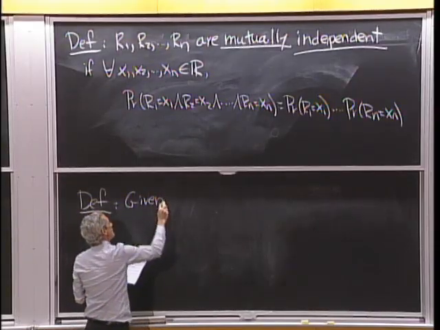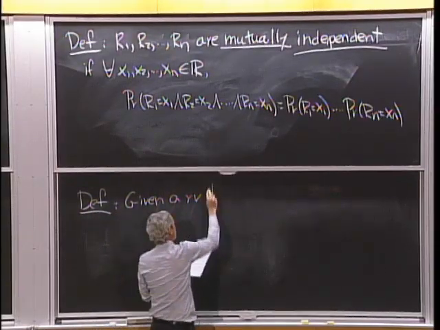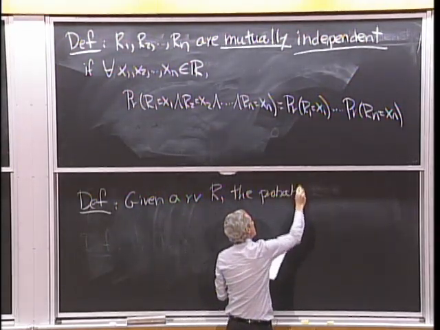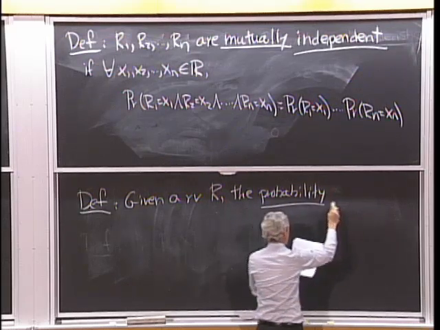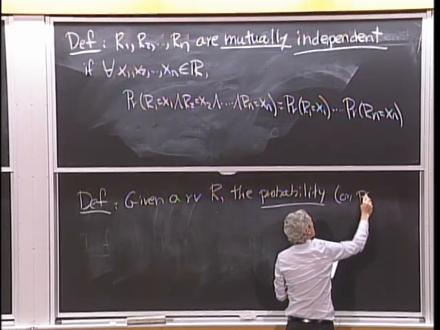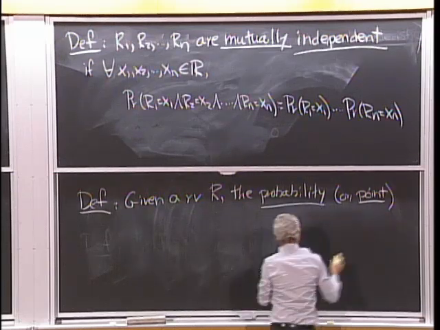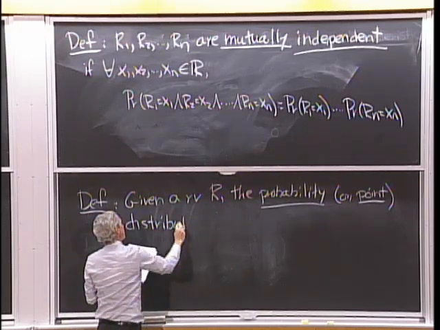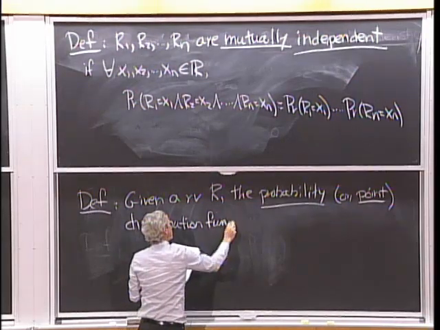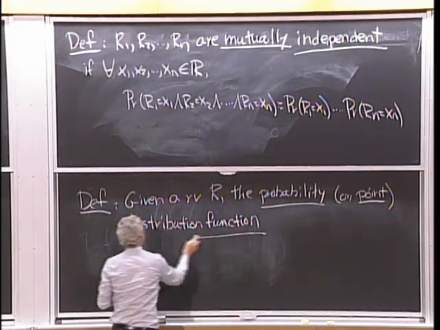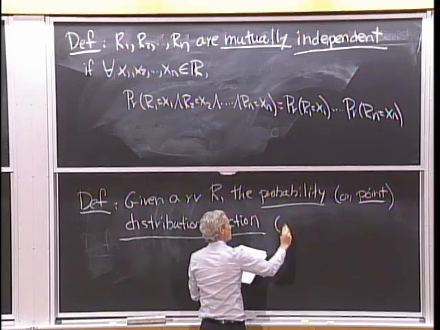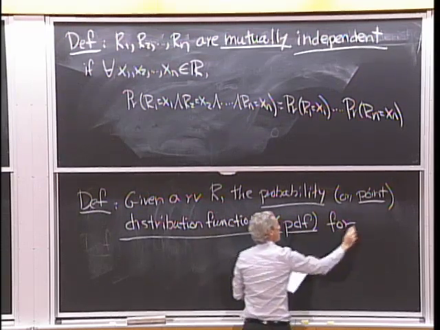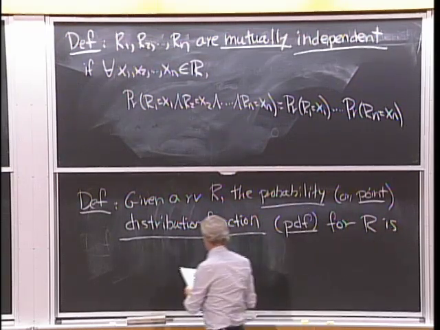So given a random variable R, the probability, also known as the point distribution function, also denoted PDF, probability distribution function, for R is, well, it's very simple.